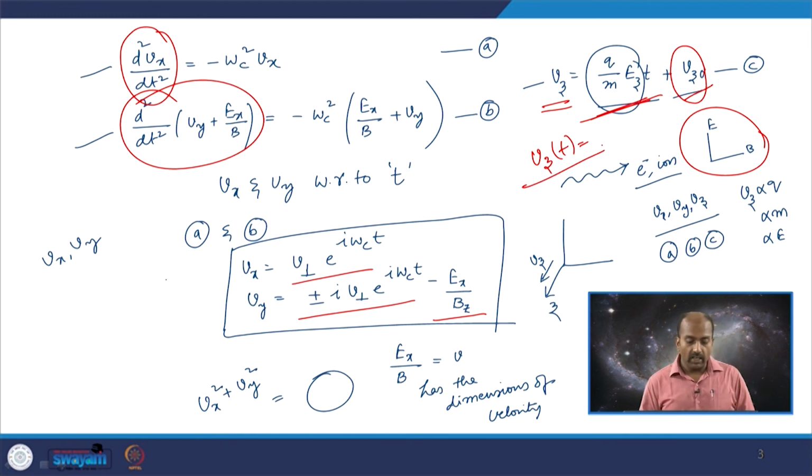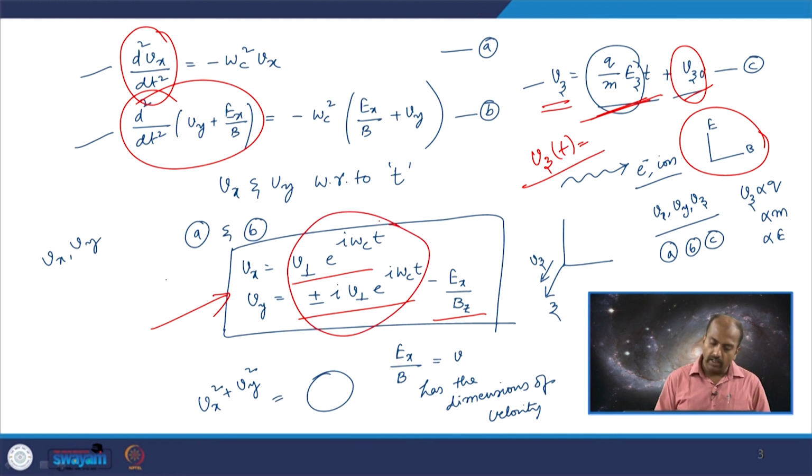But what are Vx and Vy doing? When I get the detailed solution, you can try yourself by taking the second order derivatives and substituting this into these 2 equations, you can see for yourself whether these equations are satisfied or not. In any case, what these equations represent is that Vx and Vy have terms which are indicating circular motion.